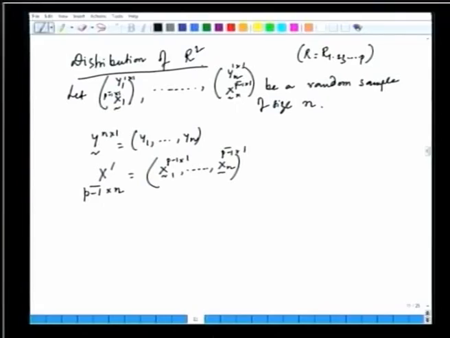Okay, so now we are considering the distribution of R square with our background of the definition of spherical distribution and elliptical distribution. So, now we have said that from a random sample of this type of size n, we are considering arranging the observations.